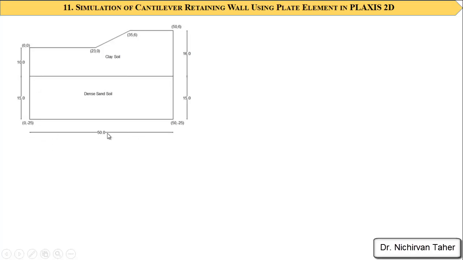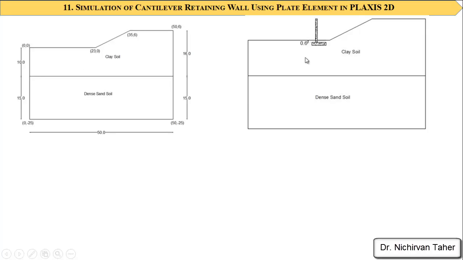Also the boundary in the X direction is 50 meters, and we will use coordinates like this one in Plaxis. So we assume the origin point is this one, and you can see the other coordinates as well.